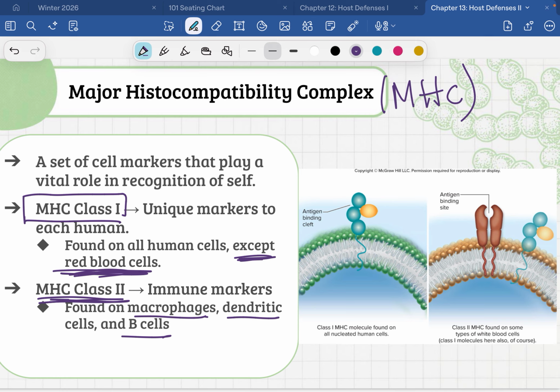But for now, you just have to know that every cell in your human body has an MHC class 1, except for red blood cells, and that MHC class 1 is unique to you. And then these 3 specific immune cells, which are all white blood cells, macrophages, dendritic cells, and B cells, will have an MHC class 2 marker.